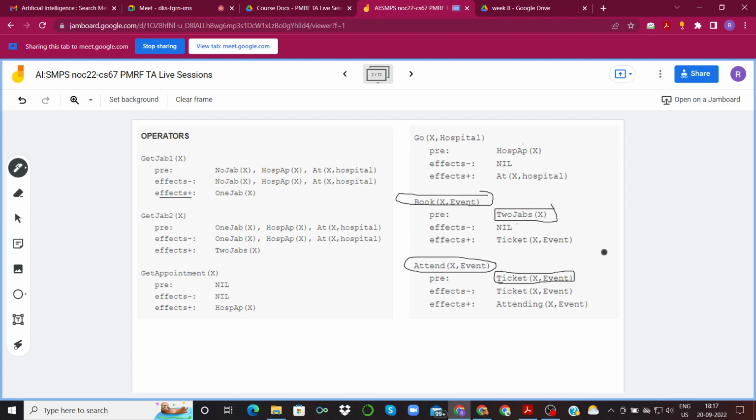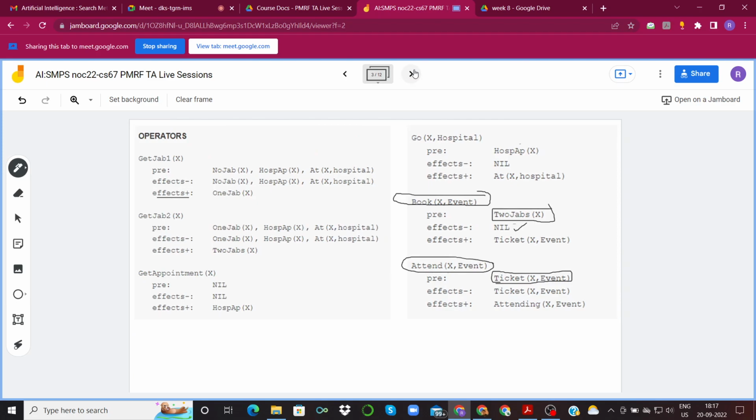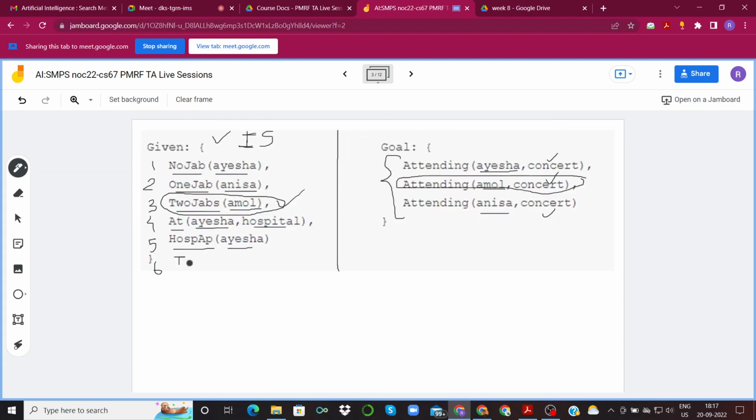Ticket Amol comma event, the concert. Yes. This operator has no negative effect. The only positive effect is that another piece of information will be added over here, which is basically ticket Amol comma event, as one of your friends said.